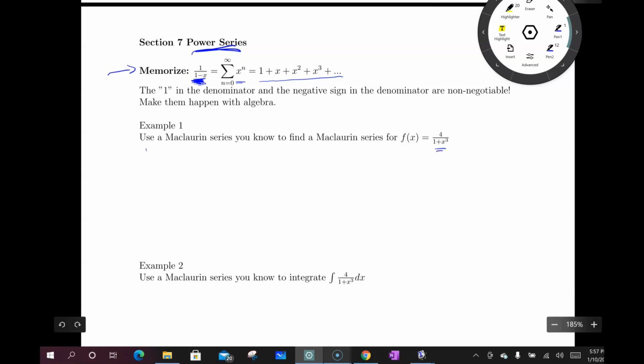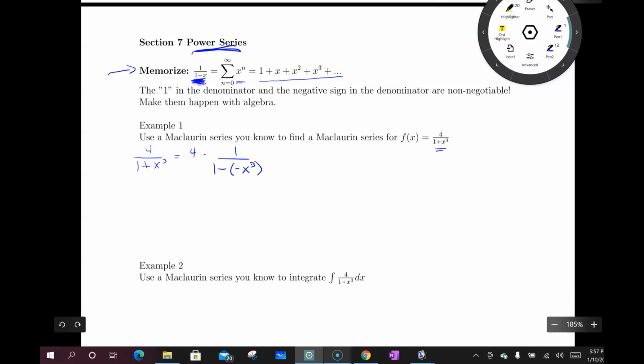So I have this function 4 over 1 plus x cubed. This 4 can be pulled out in the front, right? That's not a big deal. If I wanted to make the denominator look like 1 minus a quantity, I could say 1 subtract x cubed.